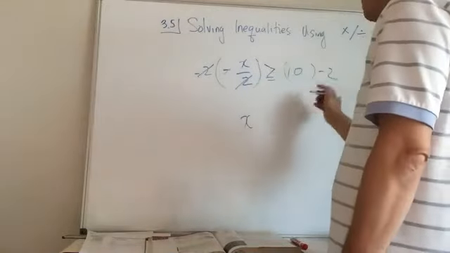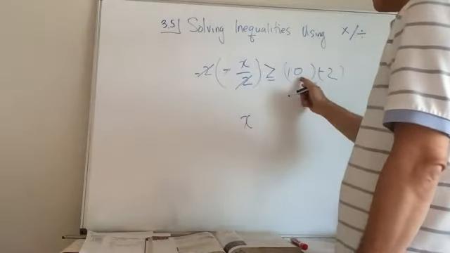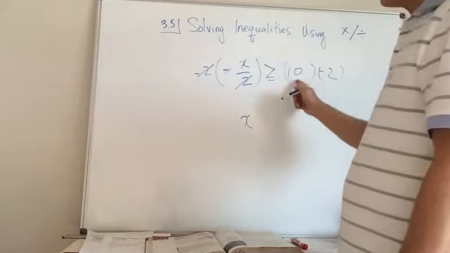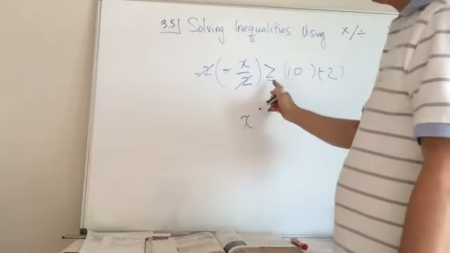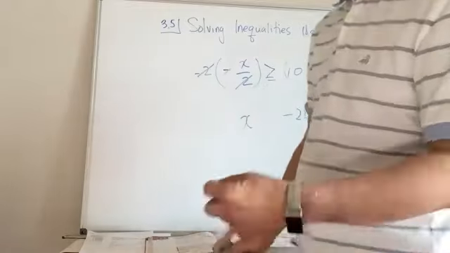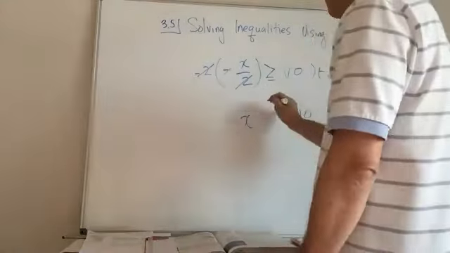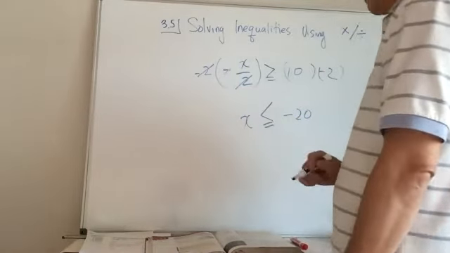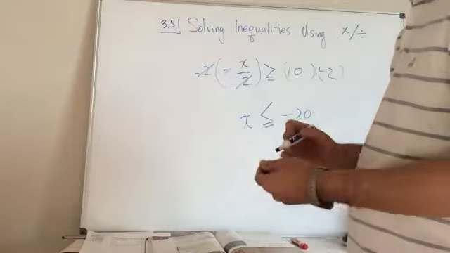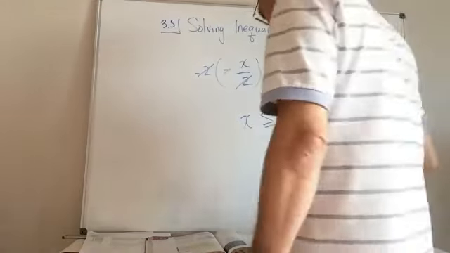When I multiply 10 times -2, positive times a negative, I get the negative number -20. Now I have to flip this sign because I multiplied by a negative number, so this sign now becomes this.